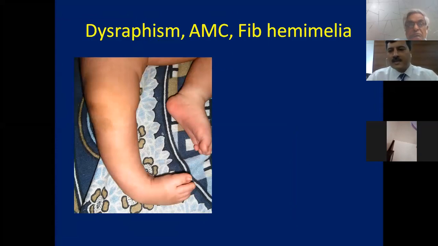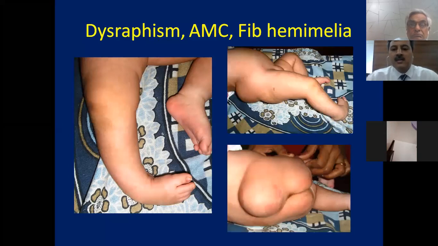The problem is we have to be cautious. Not all clubfeet are idiopathic clubfeet. For example, when this baby presented with clubfeet, I always ask my fellows to check the back, and she had spina bifida occulta. That is a gross spinal dysraphism.